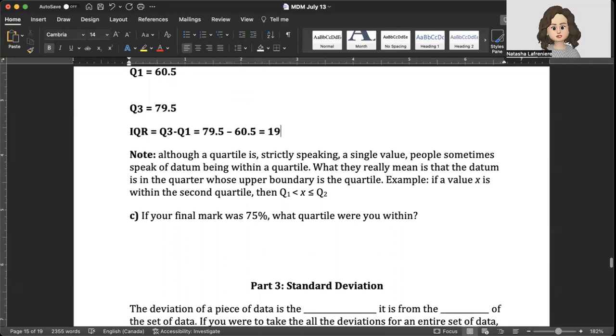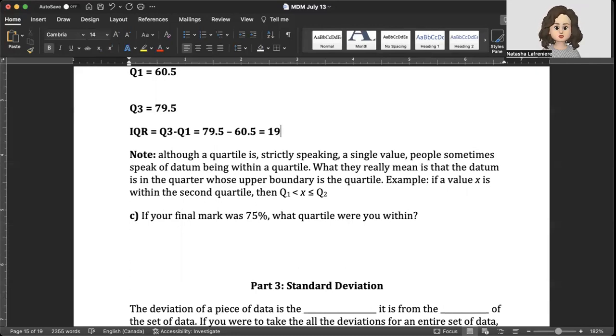Although a quartile is strictly speaking a single value, people sometimes speak of datum within a quartile. What they really mean is that the datum is in the quarter whose upper boundary is the quartile. So for example, if a value X is within the second quartile, then X is larger than Q1 but smaller than or equal to Q2.